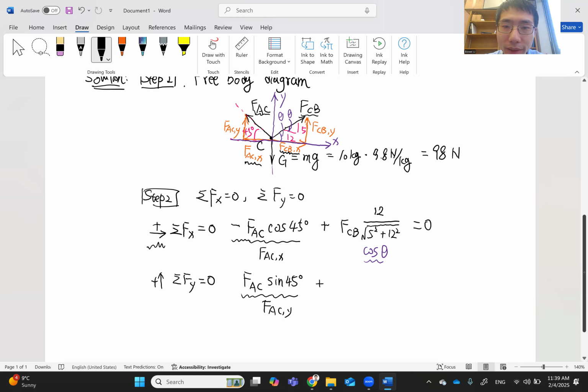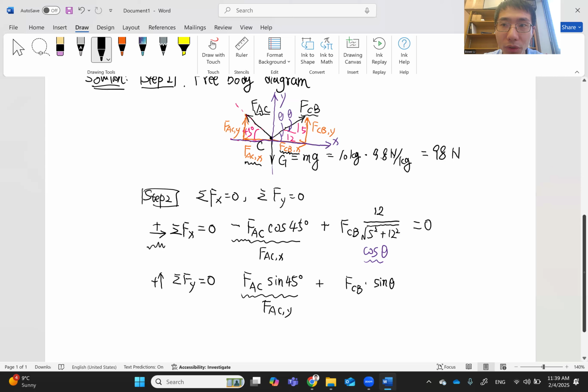Given that we denoted the angle theta here, FCBY is the opposite or the adjacent to theta? It is the opposite, right? How can we find that? It equals the hypotenuse FCB times sine theta here. And do we know sine theta here? No. Again, it is similar to cosine theta here.